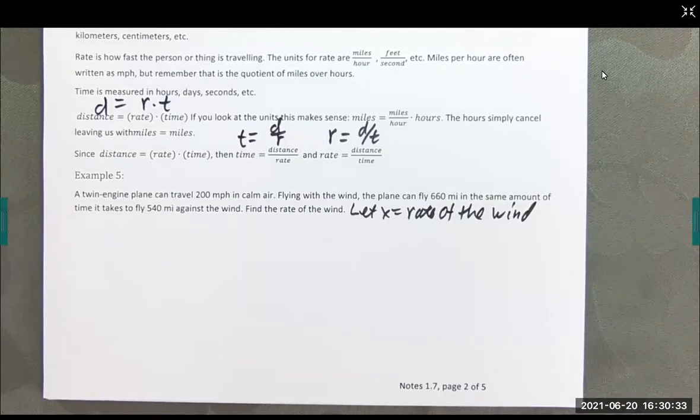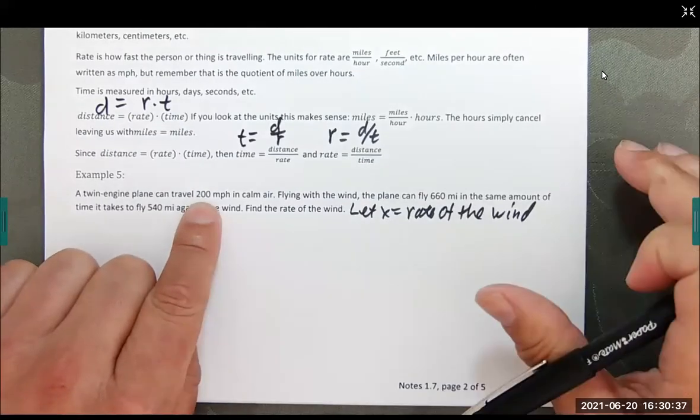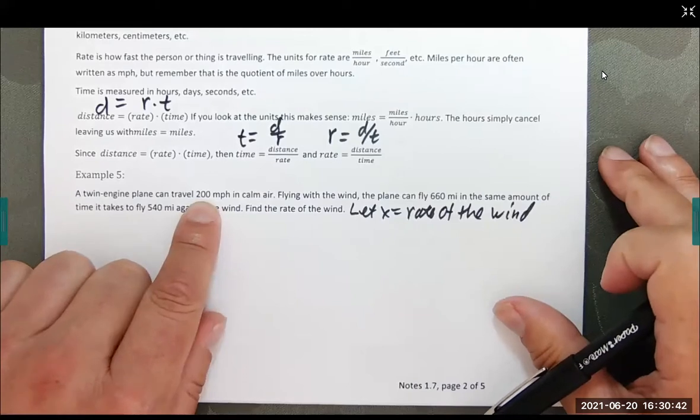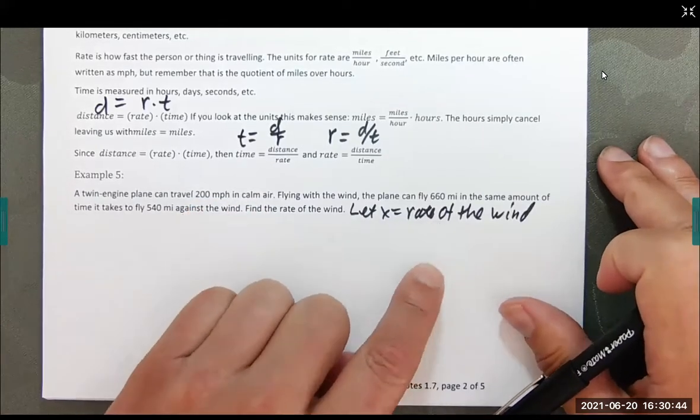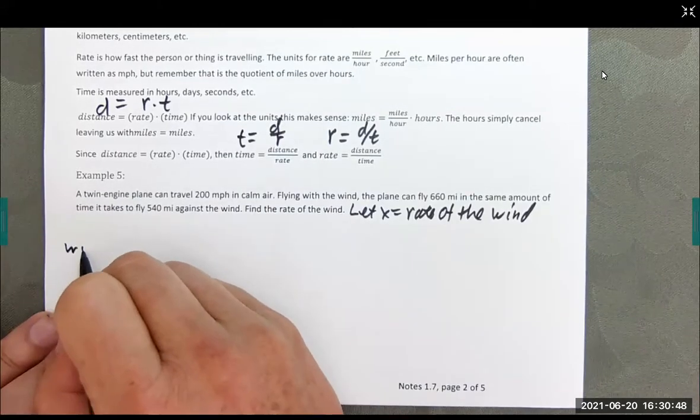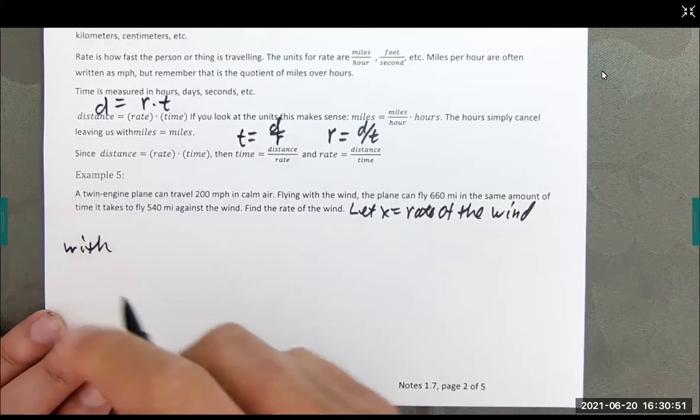All right, so we need to be careful on this. It's always going to be the rate of the plane or the boat or whatever it is in calm air or calm water, plus or minus the rate of the wind or the current, depending on the type of problem that we're doing. So what I'd like to do is set up a table.